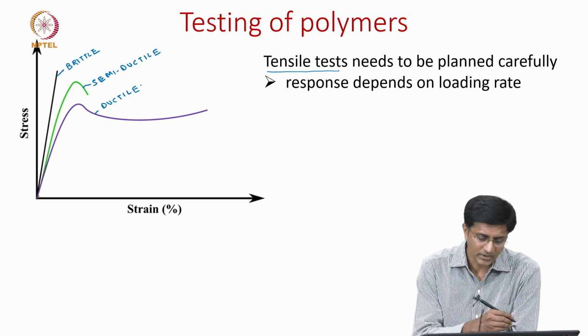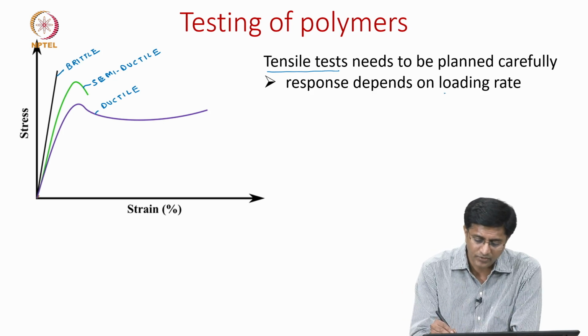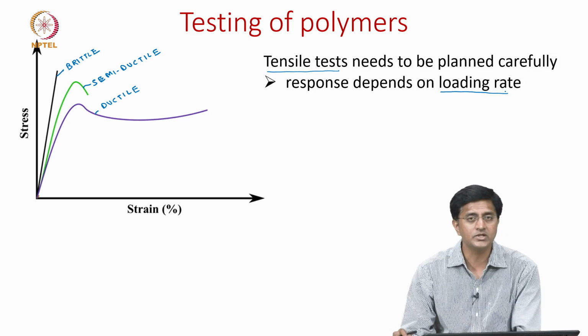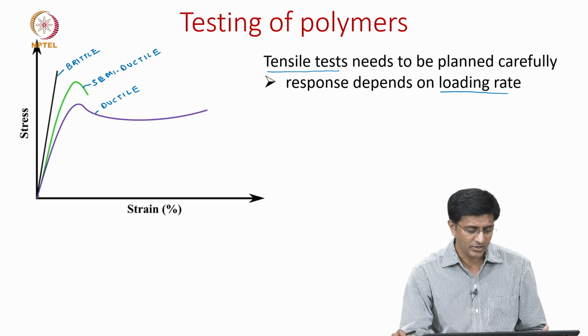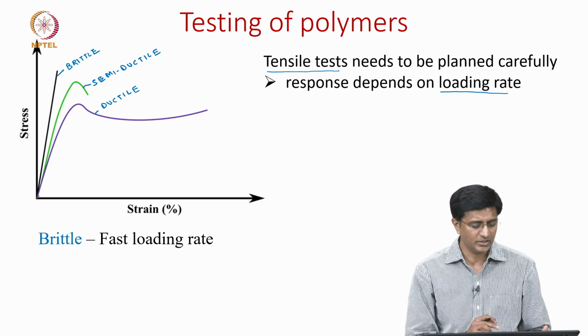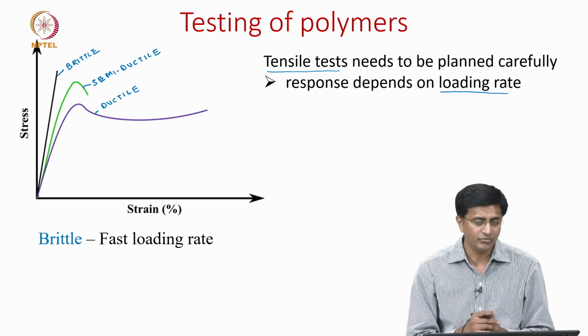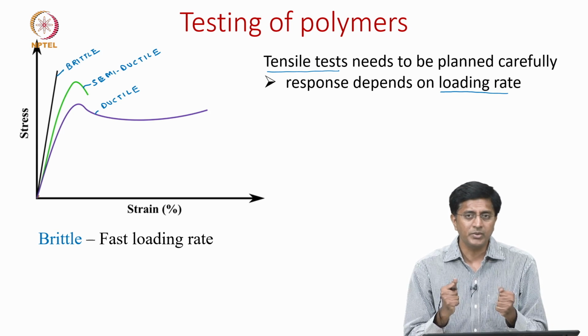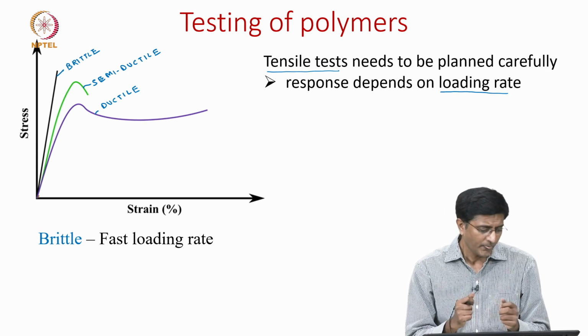What we are trying to say is that this tensile behavior greatly depends on the loading rate, and we will now see the conditions on which it depends. So, for brittle materials, let us say we are testing PVC.